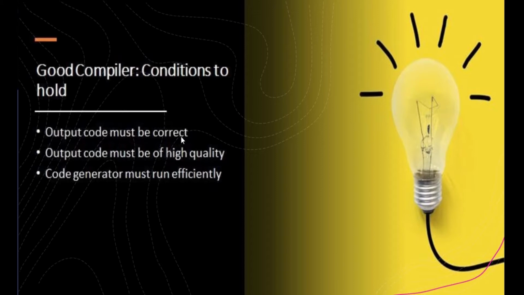The next condition is output code must be of high quality. It means the target code should make effective use of the resources of the target machine. That is what is meant by high quality output code. Then a code generator must run efficiently. It is of no use if the code generator itself takes hours or minutes to convert a small piece of code. So always a code generator must run efficiently, quickly, right?